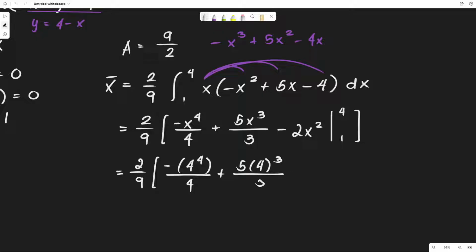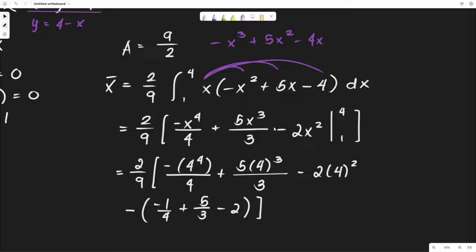Ayan. Minus 2 times 4 squared. Okay, minus, no? Lahat na to, 1 lang naman eh. So we have negative 1/4 plus 5 over 3 minus 2.